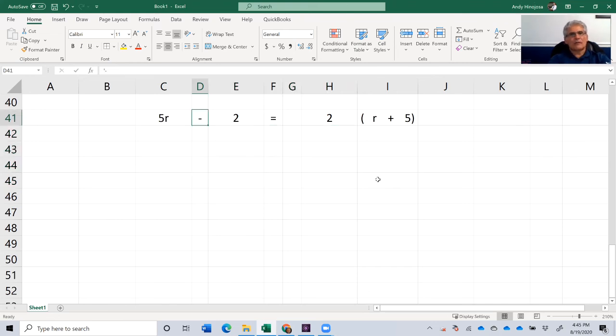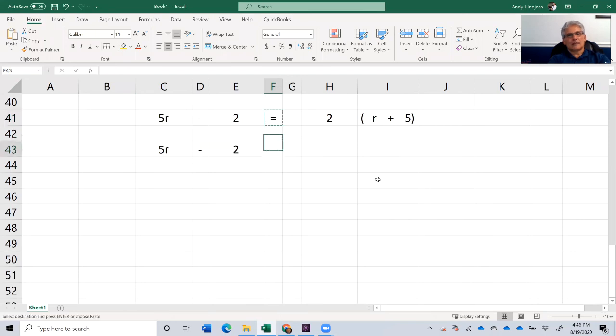Okay, so to solve this problem, the first thing we want to do is simplify the equation. Right now, it contains a term here that is difficult to use in resolving or solving this equation. So the first thing we want to do is use distributive property to lower this. So let's just go ahead and copy this down.